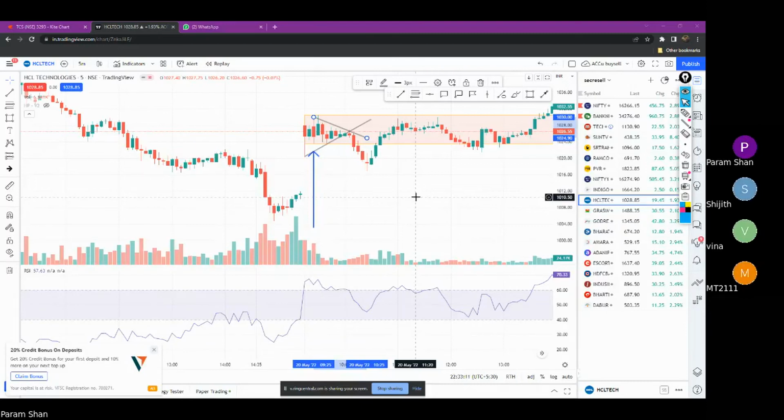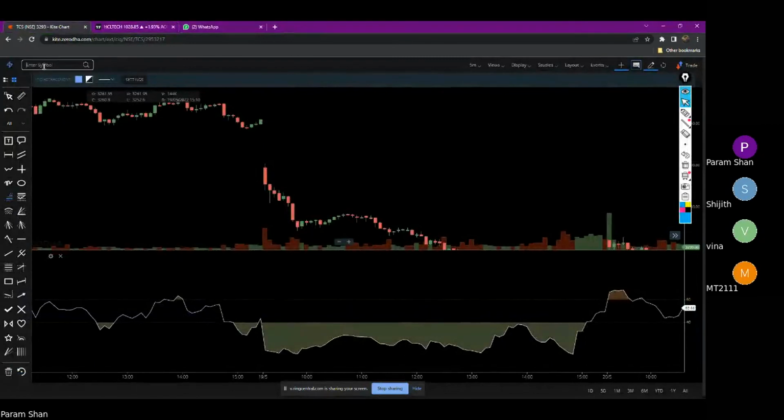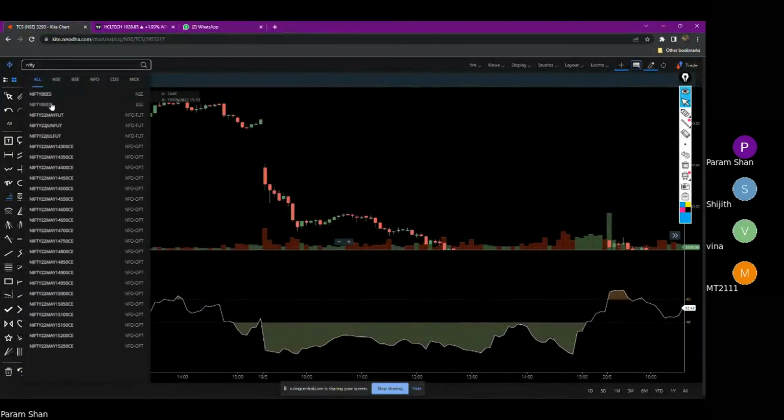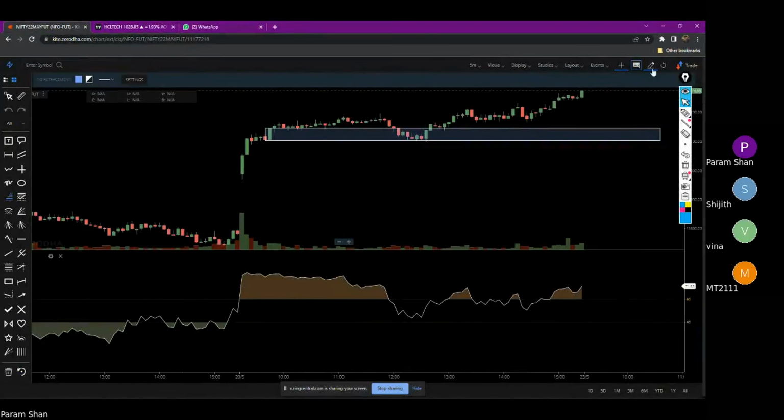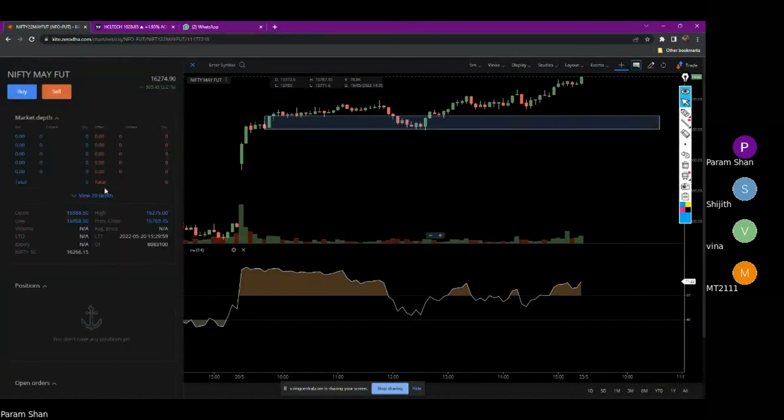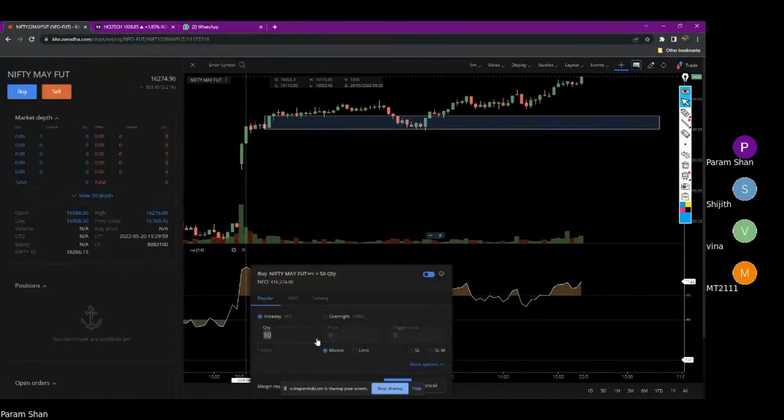No. For the equity stock, I don't even look at the options. But when I want to trade Bank Nifty or Nifty, I trade based on options only. Sometimes I do trade futures. If you want to buy one lot of Nifty, you need 1,04,000.